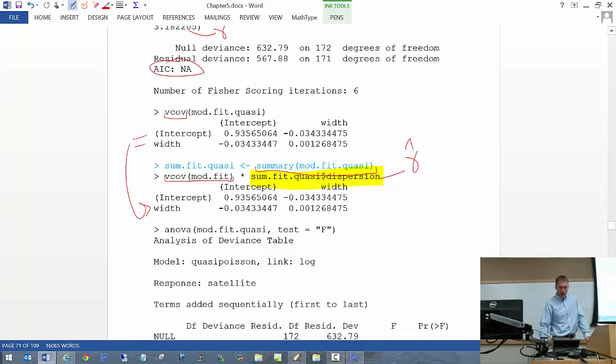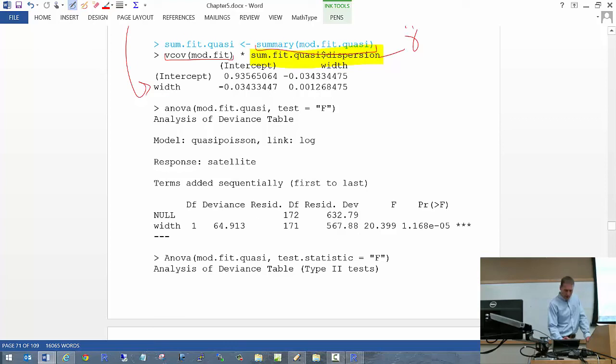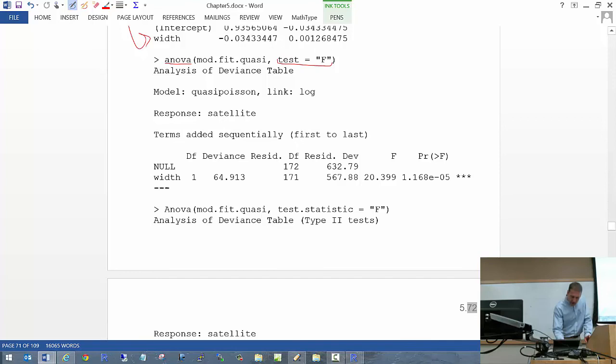What about a likelihood ratio test? Well, let's say I use the anova function. Similar to what we've done before, we say mod.fit.quasi, but now we need to use the correct distribution here, so we need to say test equal F. In my output, under where it says deviance, here's my negative 2 log lambda.